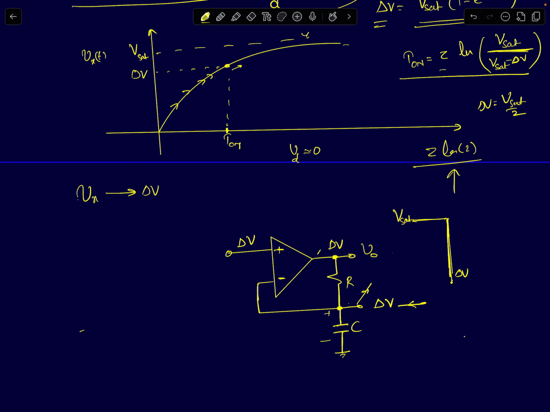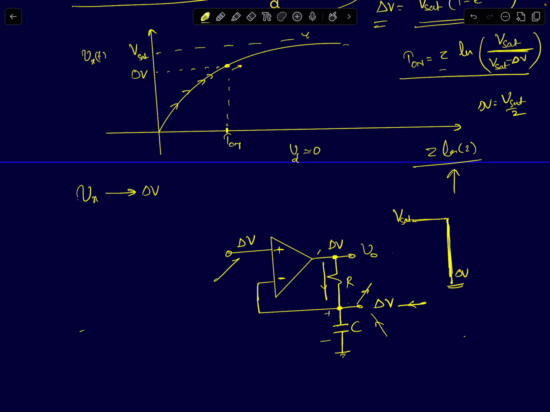But as it keeps decreasing, when the output voltage reaches delta V, the capacitor voltage is close to delta V, so we can treat it as more or less equal to delta V. What happens? The current flowing through the resistor becomes 0. If the current through the resistor becomes 0, then the capacitor voltage will stay put at delta V volts. It will not change anymore.